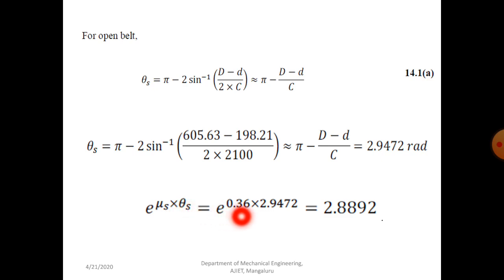So the mu value is given as 0.36. Multiply it with theta s, 2.9472. This term you have to keep in radians, so don't use degrees. You'll get the answer as 2.8892, a constant value. Now find the value of k.